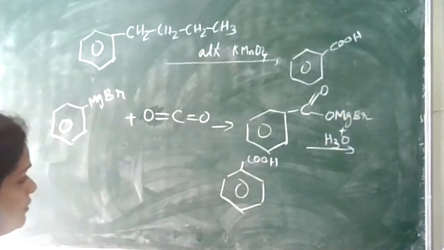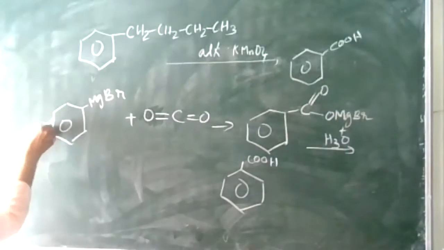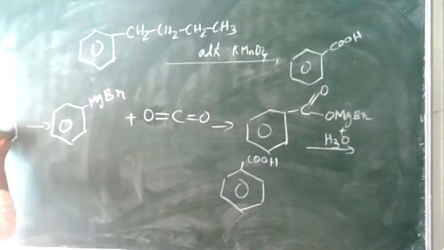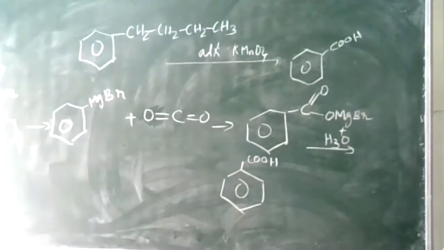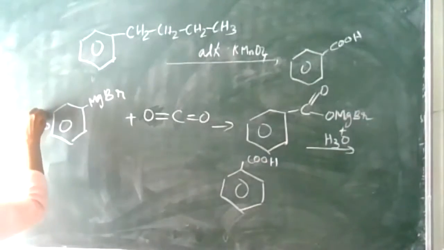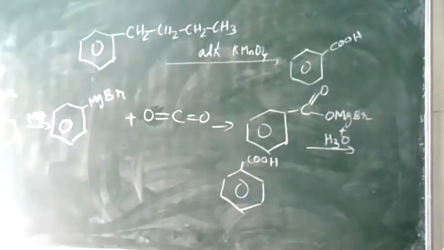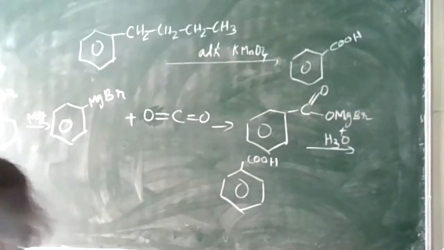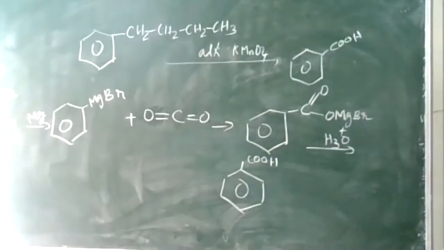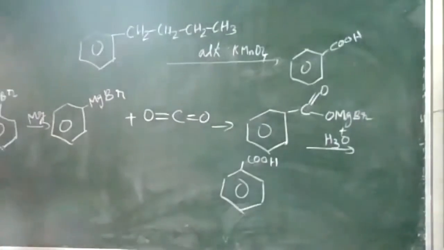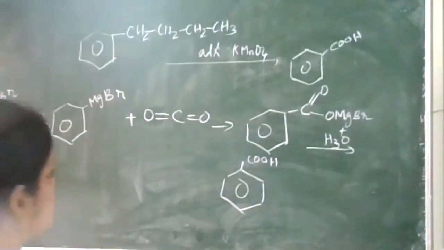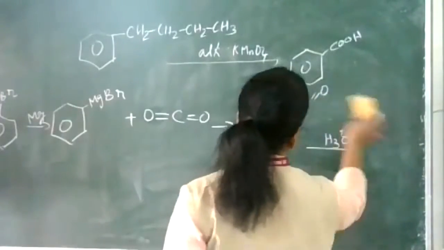So to convert an aryl halide attached to this benzene ring, you can first convert it into a Grignard reagent by putting Mg. By putting Mg, you can make Grignard reagents, and correspondingly you can make the carboxylic acid.